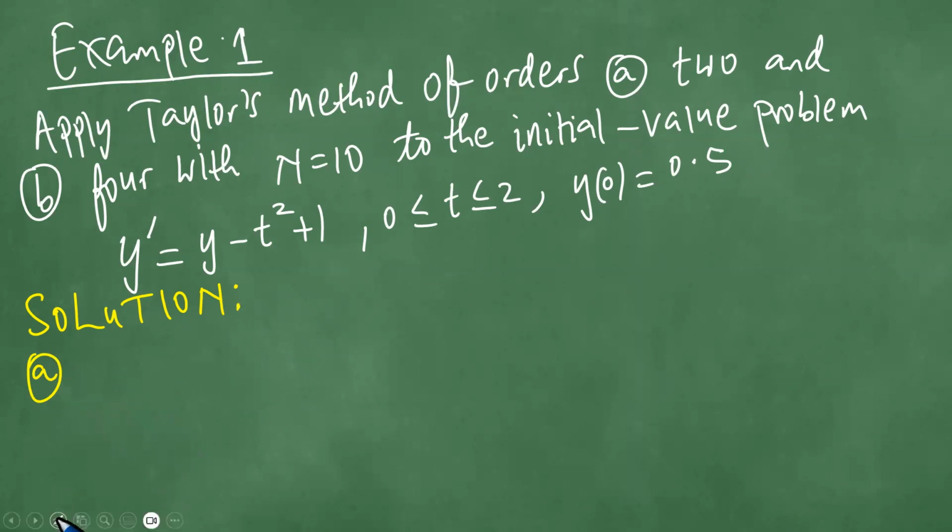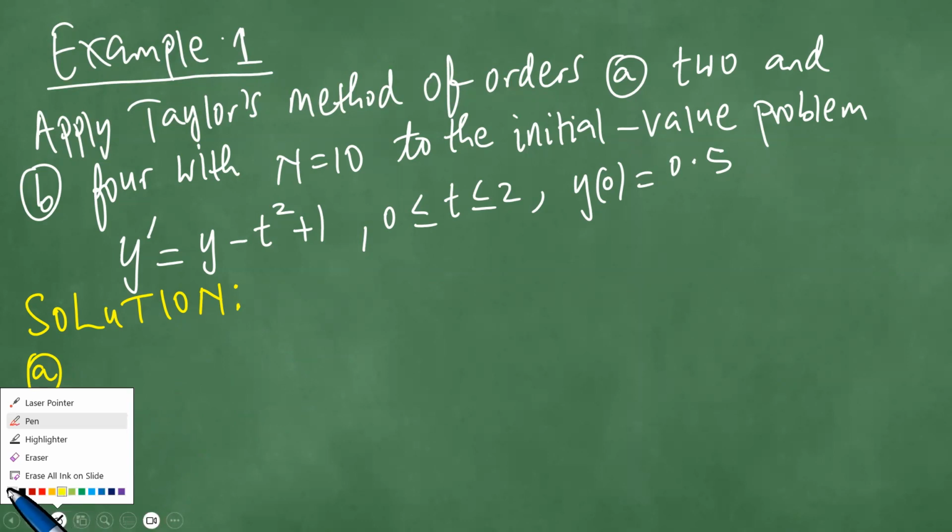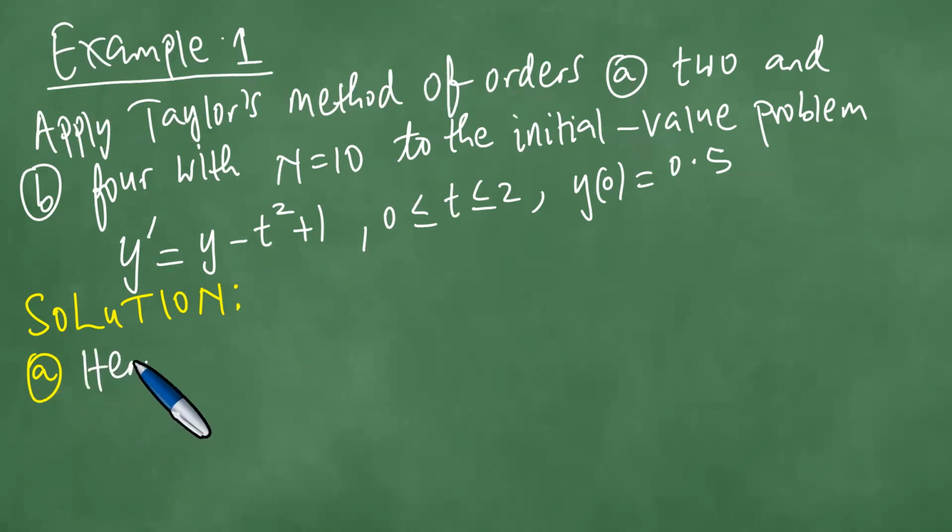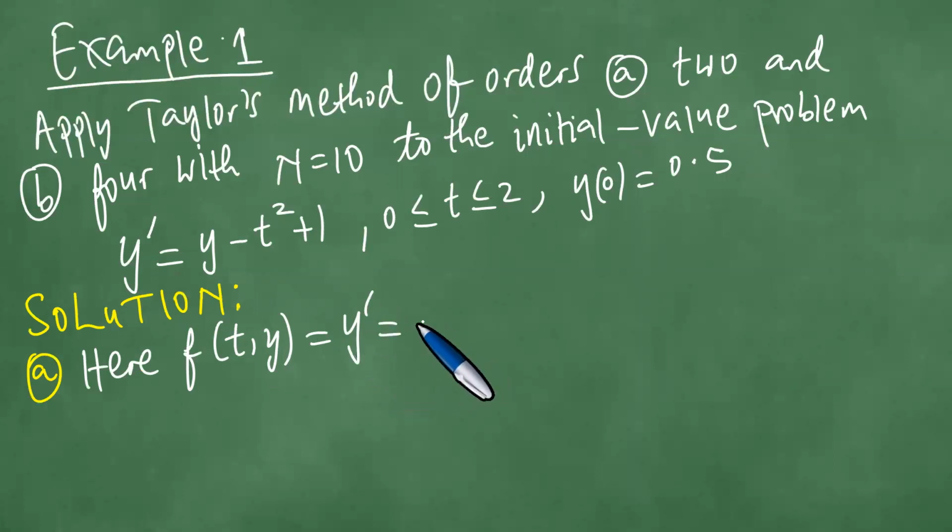To solve this particular example, we shall say here, in this question, we take f of t and y, which is y primed, which is y minus t squared plus 1.